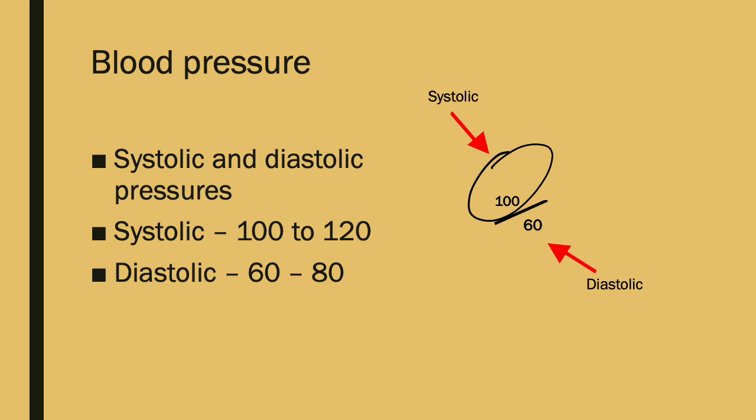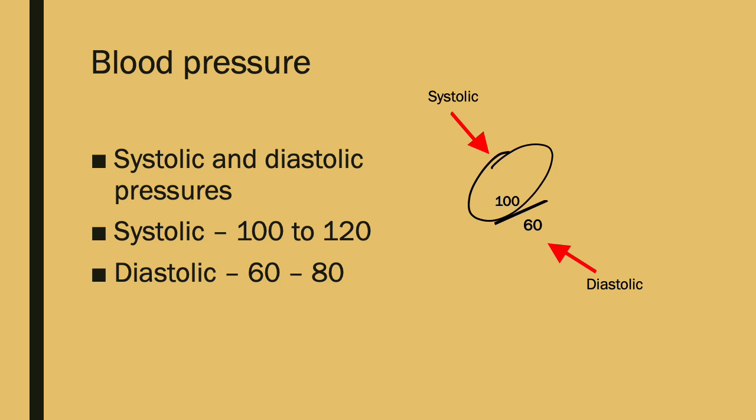The systolic phase is the heart's contraction phase, and the diastolic phase is the heart's relaxation phase. So the systolic blood pressure is the pressure within the arteries when the heart contracts. And then the diastolic blood pressure is the pressure that the blood exerts against the arteries when the heart is in its relaxation phase.